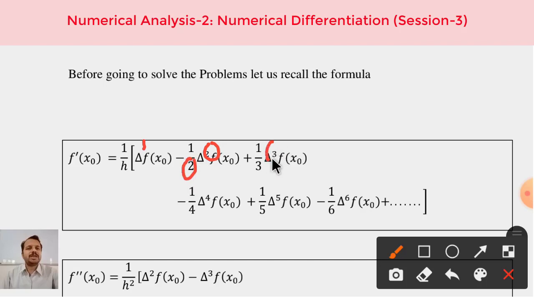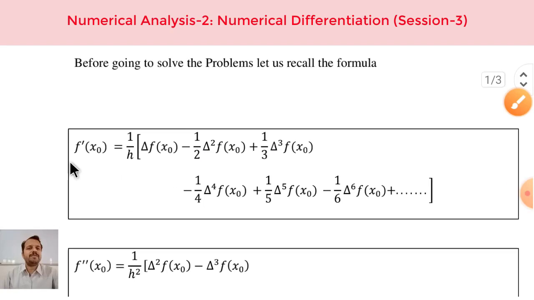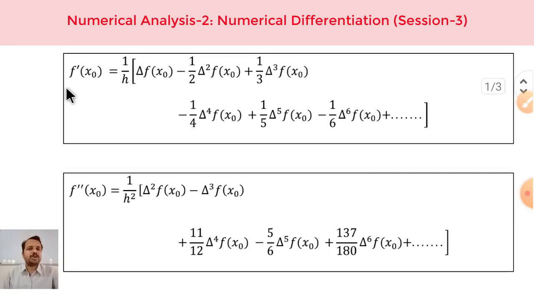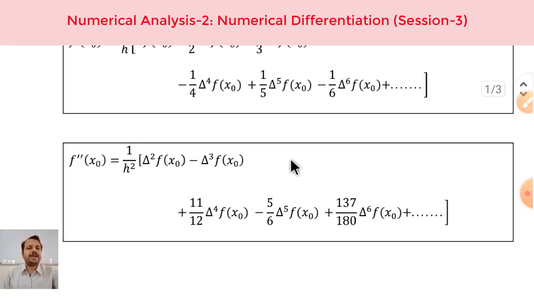When it is delta cube, its denominator will be 3. When it is delta 4, its denominator will be 4. Like that, you have a very simple technique to remember the formula. So this formula we will be using to find the first order derivative of f at x naught. And now the second order derivative.